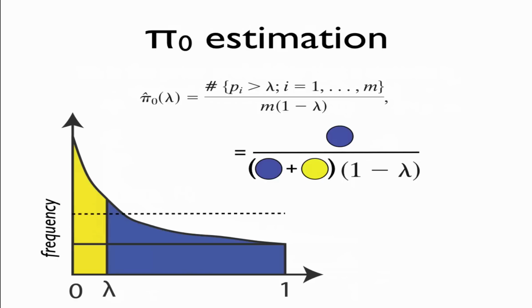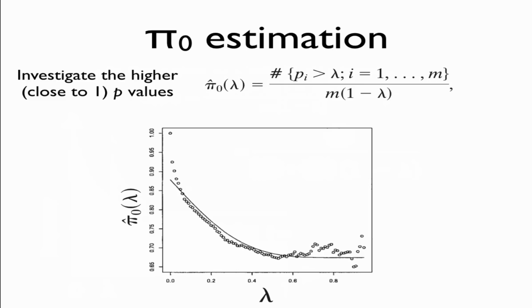Why do we do this? Well, of course, we want to estimate this for as high a p-value threshold as possible. The closer to 1 we select lambda, the closer we will be in theory to pi0. However, the closer we get to 1, the more subject we are to variation of the p-values. So there's an optimal trade-off between having a high p-value threshold, being more accurate, and taking the variation of the p-values into account.